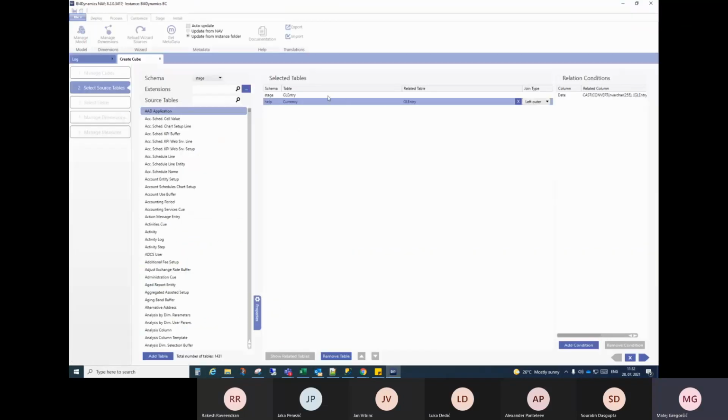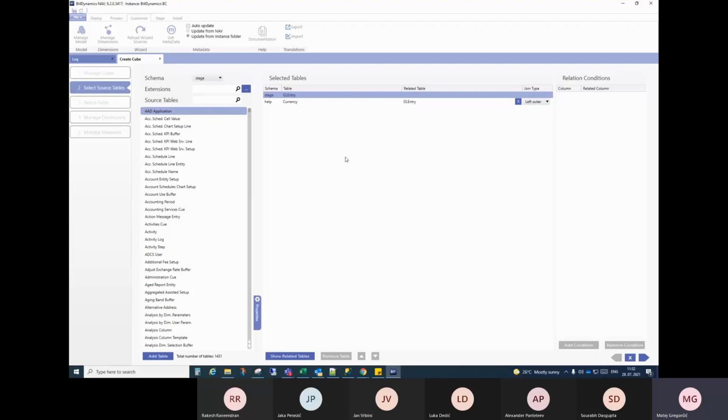So left outer join help currency, it's the same thing that you're seeing right here, right? Help currency is related to GL entry with the left outer join with these conditions. Okay, good.